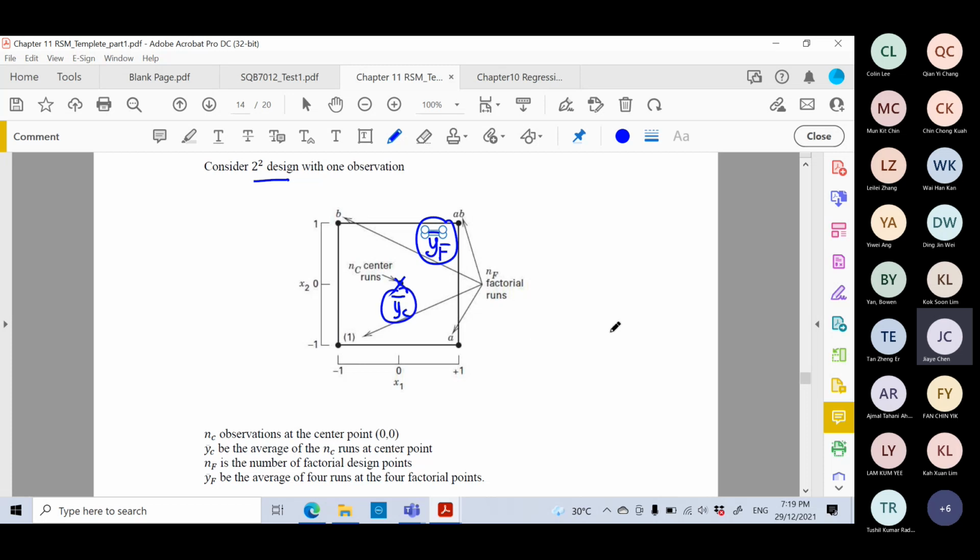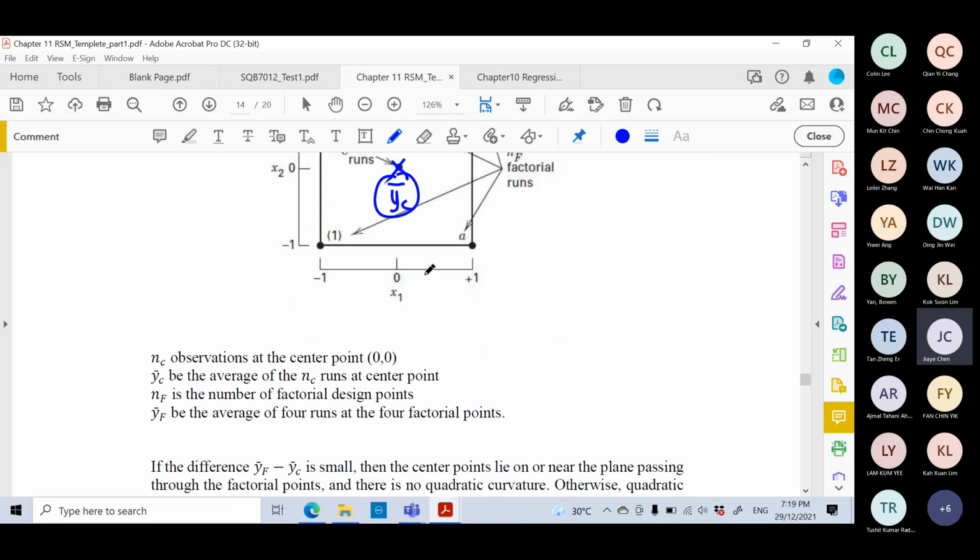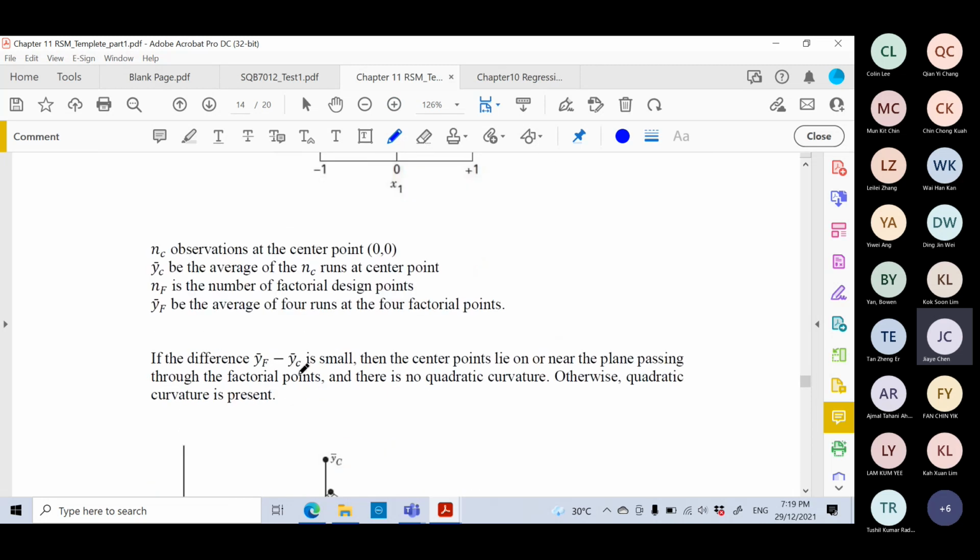Based on these two means, if the difference between the mean of the factorial points and the mean of the center point is small, then the center point lies near the plane passing through the factorial points, and no quadratic curvature is needed. Otherwise, the quadratic curvature will be present. If the quadratic curvature is present, you may need to include quadratic terms in your model.